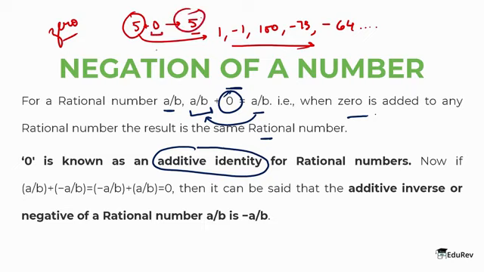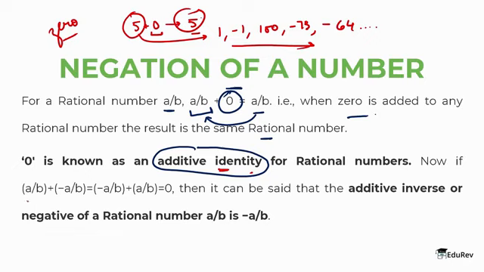So 0 is termed as the additive identity of rational numbers. This means that whenever any number is added to 0, we will get the same number back.